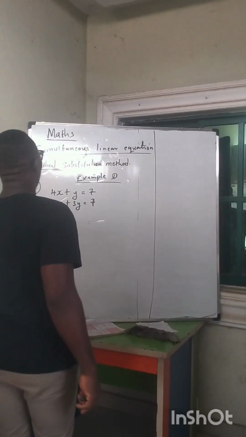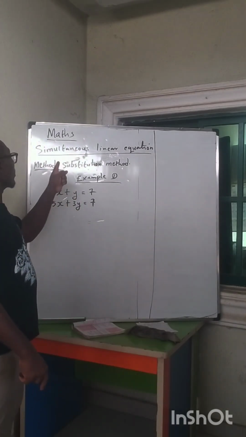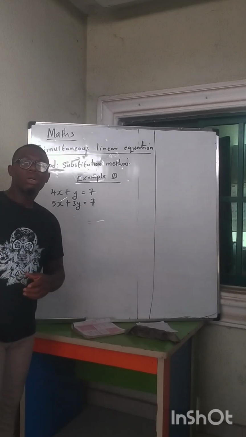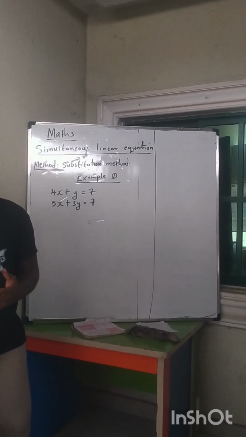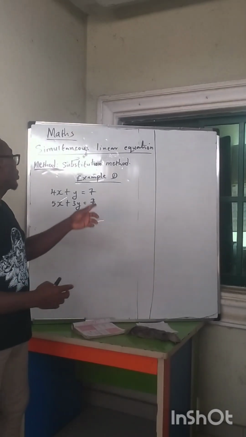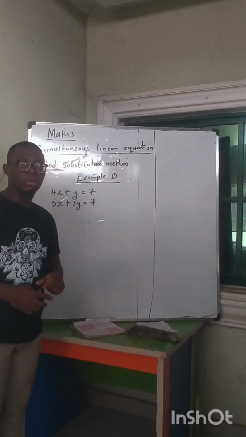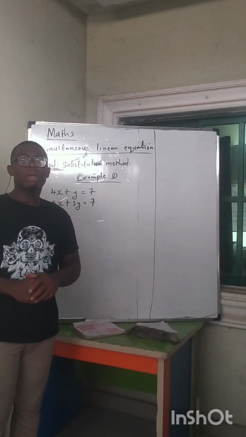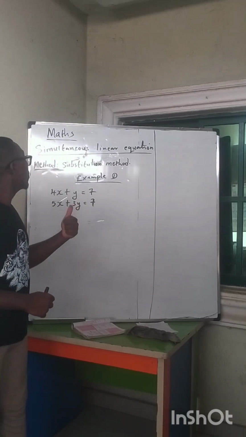Alright, today we are going to be looking at simultaneous linear equation. And the method we are going to be discussing today is no other method than substitution method. As you may know, there are three methods of solving this particular problem.